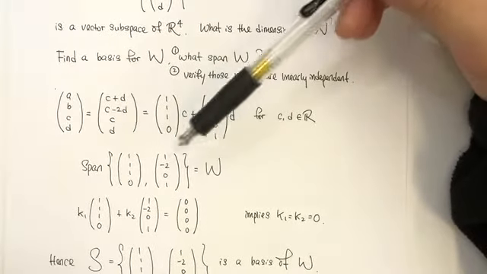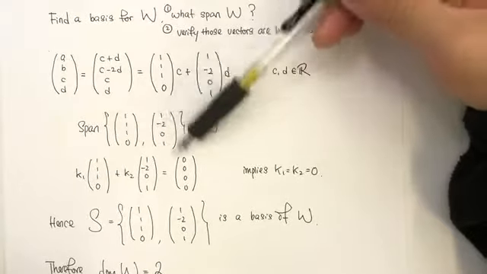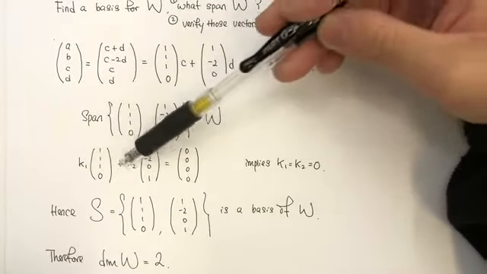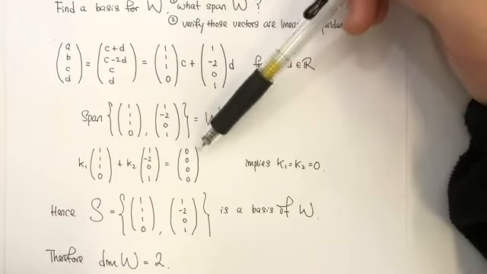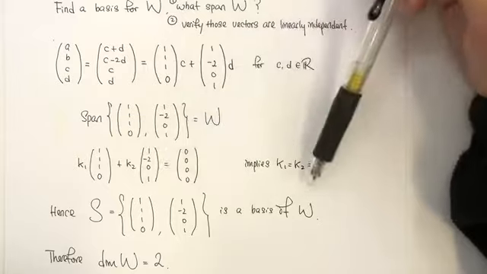And once you have that, you can easily verify that these two vectors are actually linearly independent. You just have to use the definition: set k1 times this vector plus k2 times the other vector equal to 0. Then you can see from the last row that k2 has no choice but to be 0.